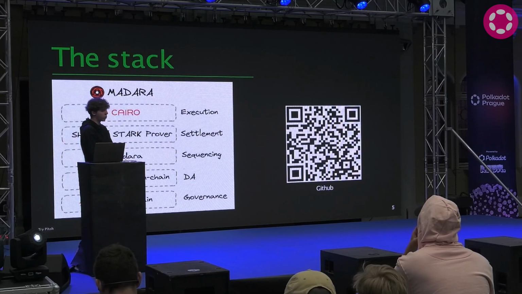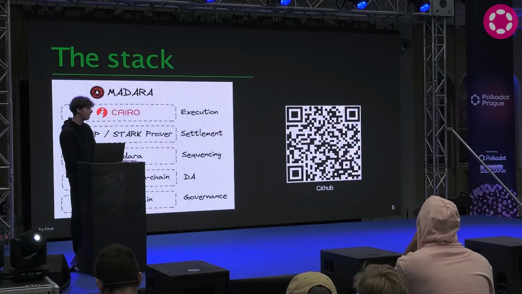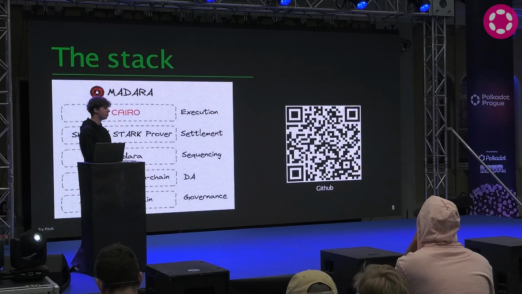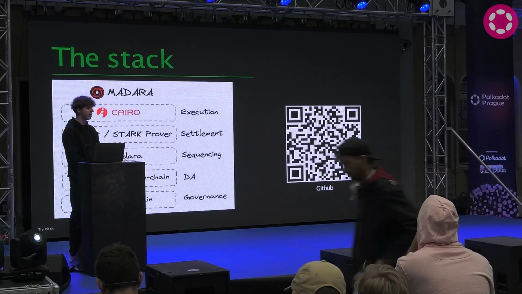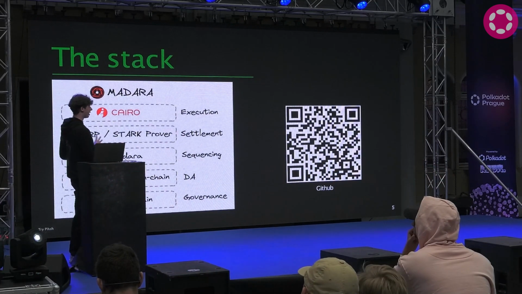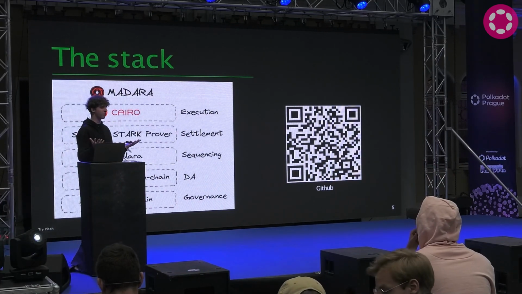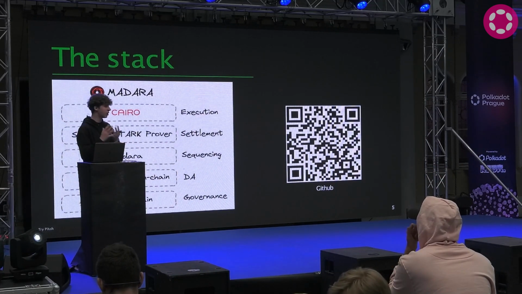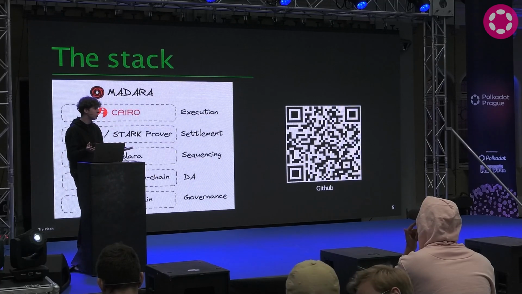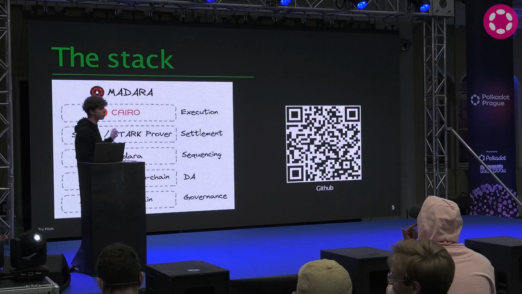But for now we're quite happy with Grandpa and Babe as is. It's just a matter of exploring, and it's a stack again. If you have a specific use case, you might need a different consensus because your use case requires it.